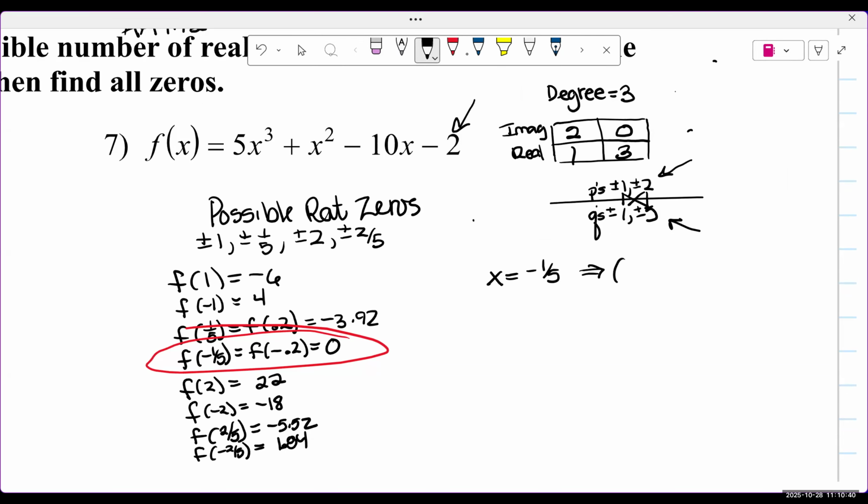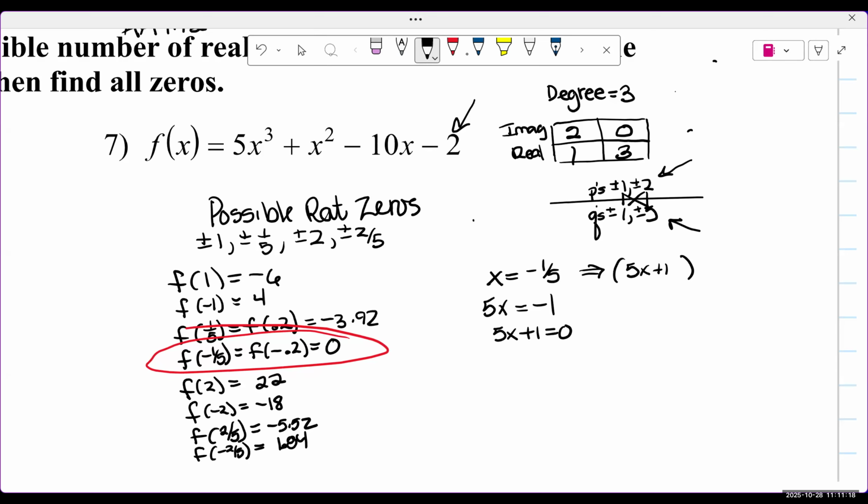Now, what does that mean is my factor expression? So I'm going to multiply both sides by 5. And I'm going to add 1. That means 5x plus 1 is one of my expressions.